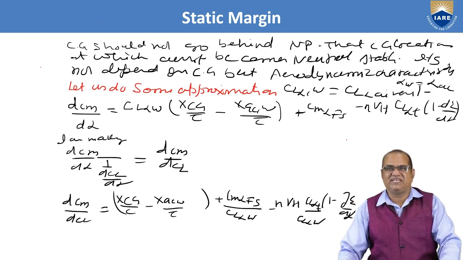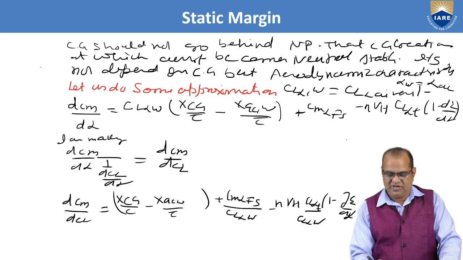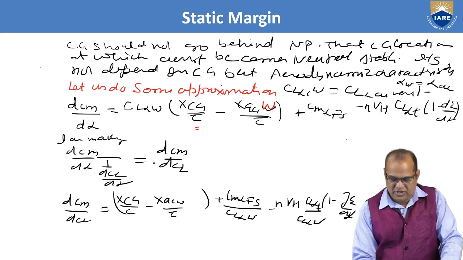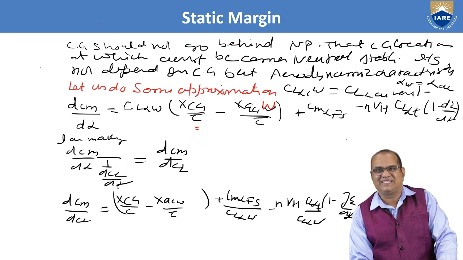So dCm by d alpha is equal to CL alpha W times XCG by C bar minus XAC W by C bar, plus Cm alpha Fs. So we can make it like this: dCm by d alpha and 1 by dCL by d alpha. So this becomes dCm by dCL.